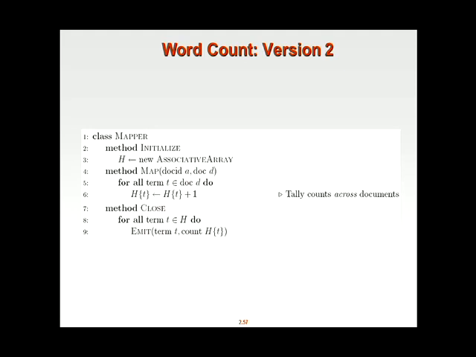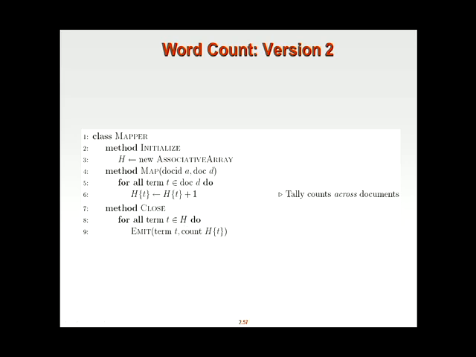So what is the correct version? This is the correct version. You need to initialize a hash map for all the documents processed by this mapper. So you need to initialize this hash map here. And now in the map function, it just does similarly as before. And finally, after all the documents are processed, you iterate over this hash map and emit the term and the frequency.